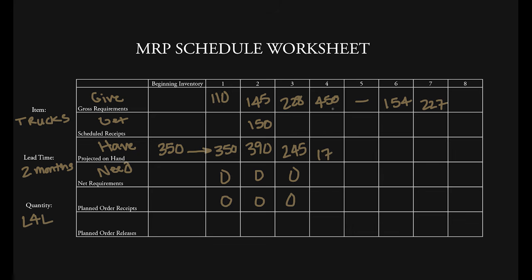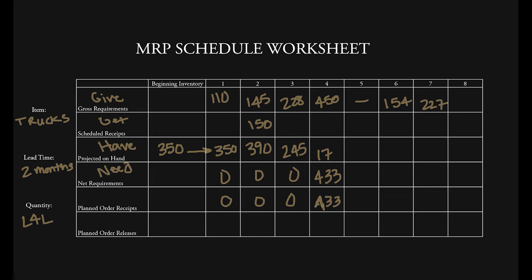In this case, though, we recognize the first time where we might need to order something. We only have 17 trucks, but we're supposed to be selling 450 in month 4. That means that we still need 433 trucks, meaning that we actually need to make an order for 433.